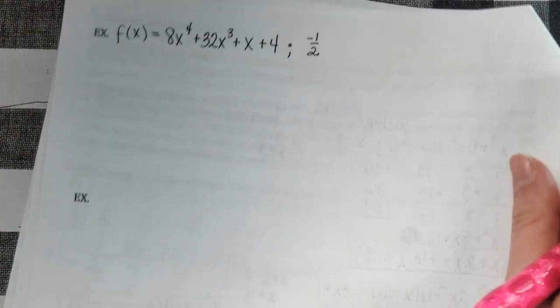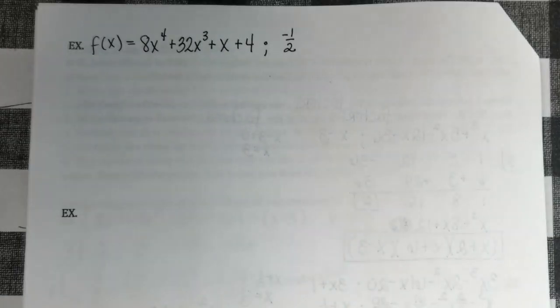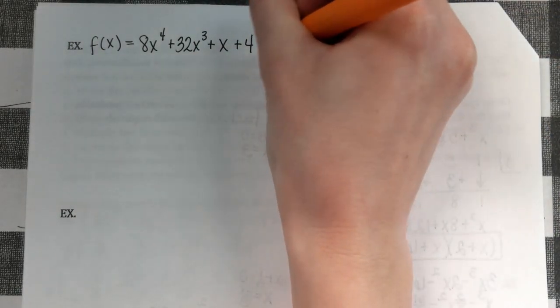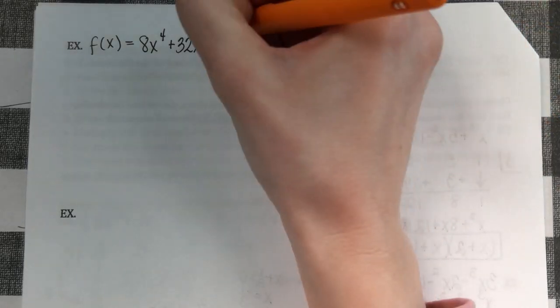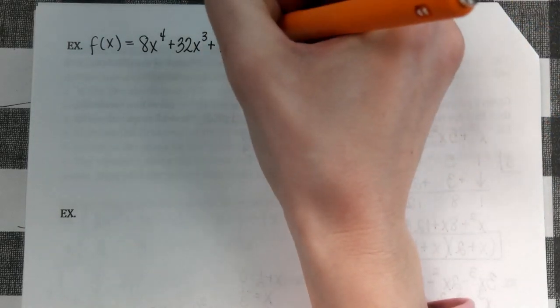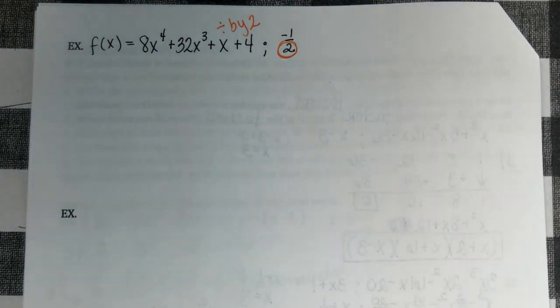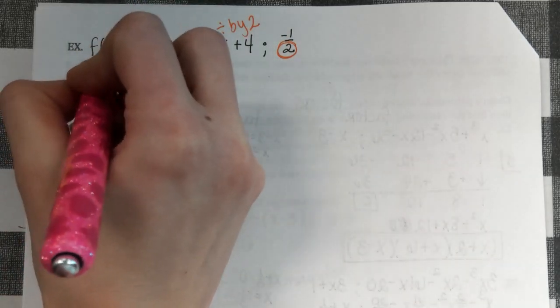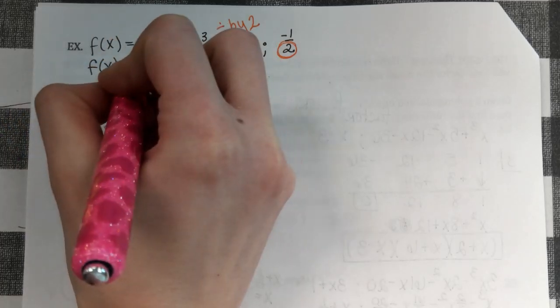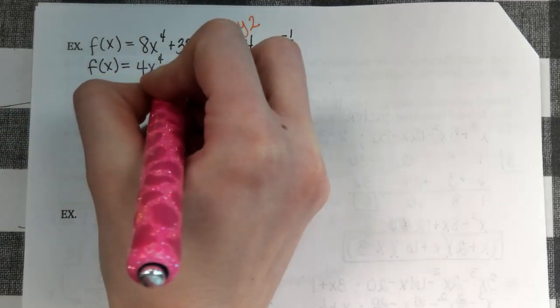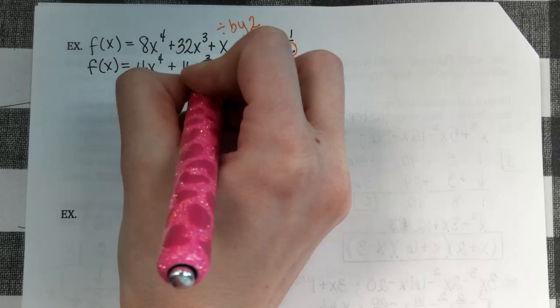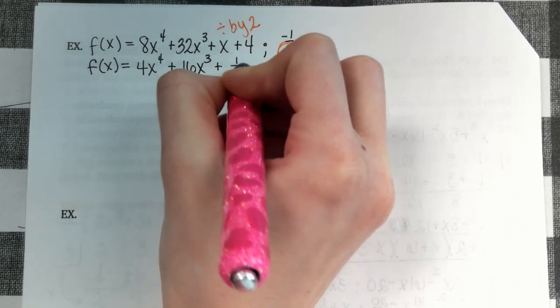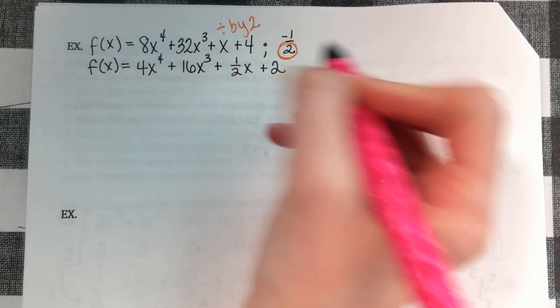So for me to have a negative 1/2 or any fraction as a zero, whatever that denominator is, you're going to take that function and divide by that denominator. So we're going to divide our function by 2. So we're going to take that f of x equals, it's now going to be 4x to the 4th plus 16x cubed plus 1/2 x plus 2.